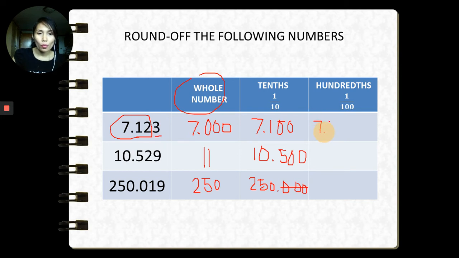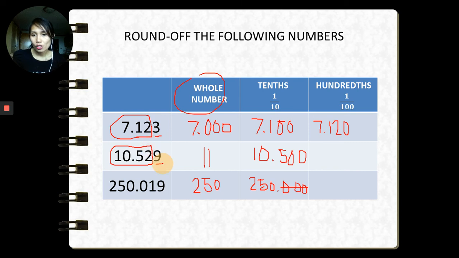So 7.12, and then change 3 to 0. That's it. How about the next one? Hundredths place is up to 2 because there should be 2 digits after the decimal point. So are we going to round up or down?